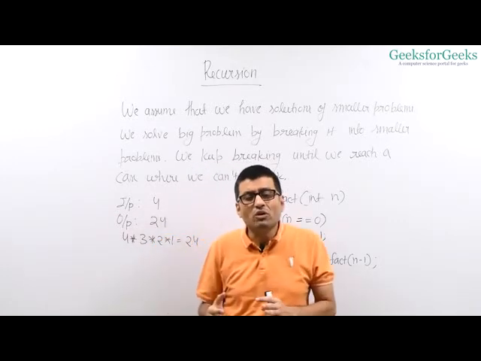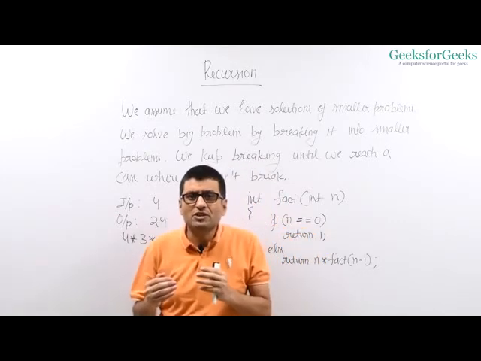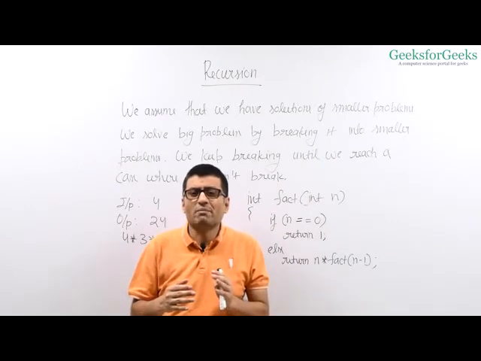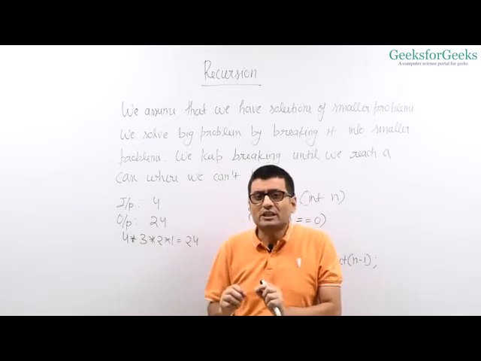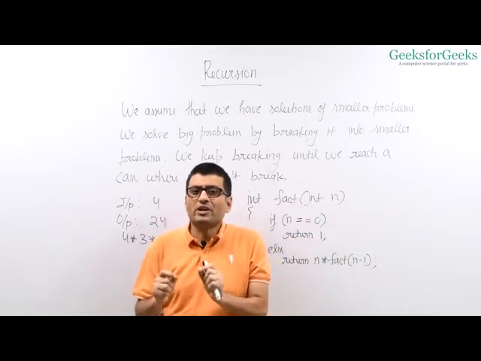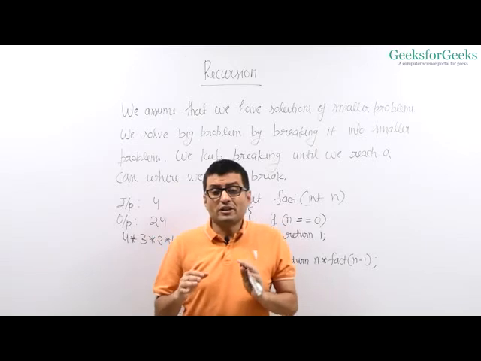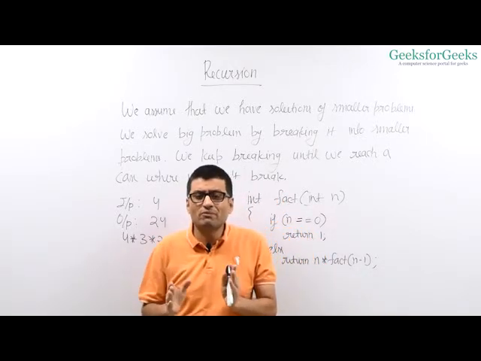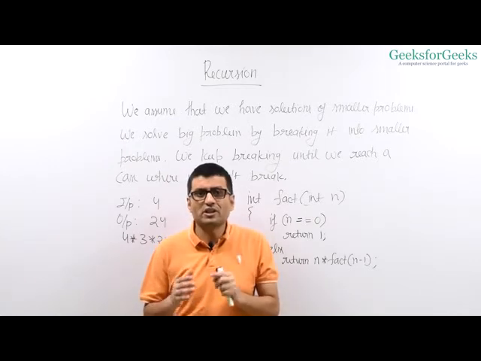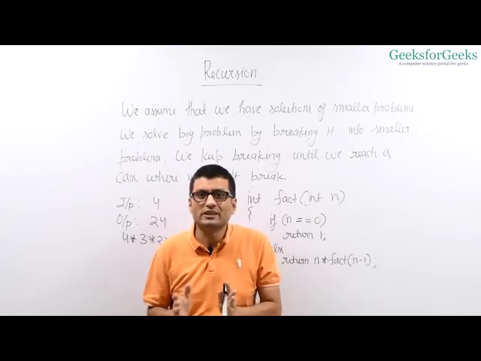So when I come to 0, I cannot break it further because after 0 you have minus 1, right? And minus 1's factorial is not defined. So when 0 comes, you explicitly handle it and you return 1 in that case. So general idea of recursion, you keep breaking the problem into smaller problems, you stop when you cannot break it further, and these particular cases are called base cases.